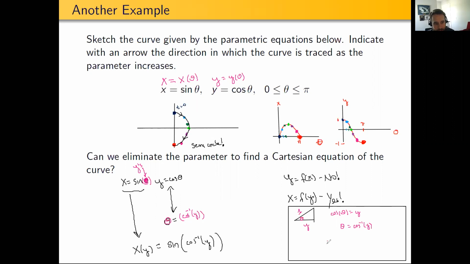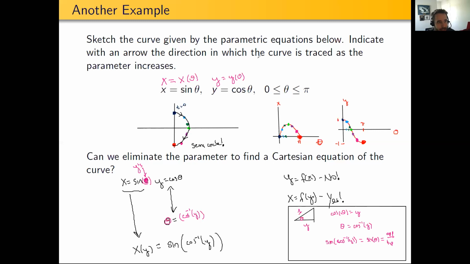And we are really interested in what is sine of the inverse cosine of y, that is, what is sine of theta equal to in terms of y? Well, sine of theta is opposite over hypotenuse. In our picture, our hypotenuse is 1. We just have to calculate this opposite side.